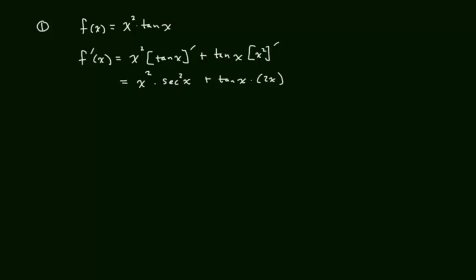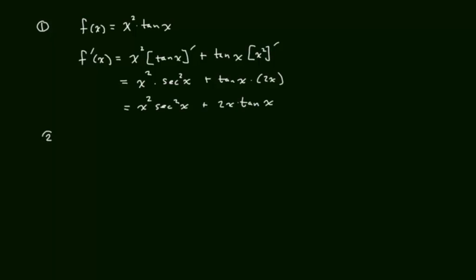I'm interested at this point that you know all the rules, so we can leave it unsimplified like that. If you can't help yourself and say, well, I'm just so used to this, then please put the 2x in front of the tangent of x, because that is actually customary.